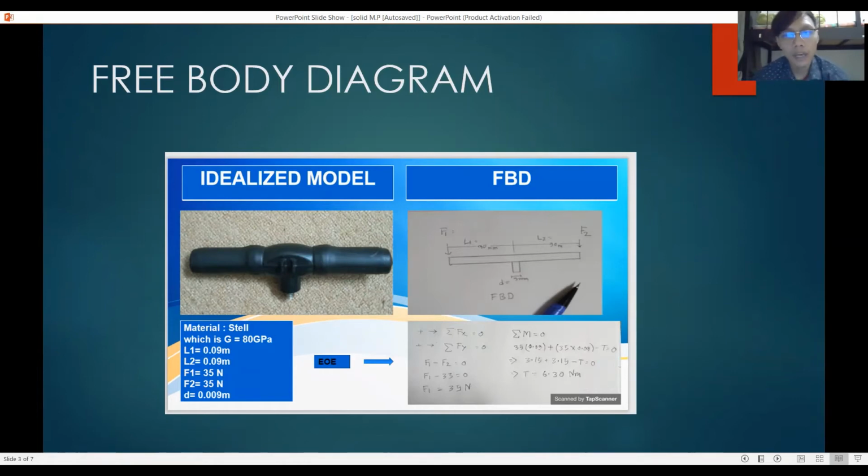For the moment, equilibrium sum of M equals 0: 35 times 0.09 plus 35 times 0.09 minus T equals 0. We get T equals 6.30 Newton meter.